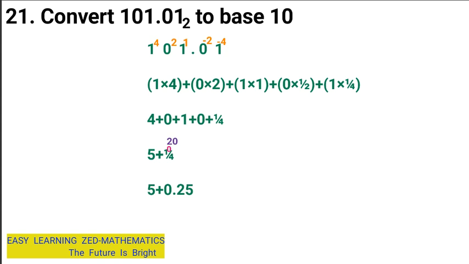Now I'm going to add that. 5 plus 0.25 gives us 5.25. So converting 101.01 in base 2 to base 10 gives us 5.25. Okay, now we can go to our next question, which is question 22.